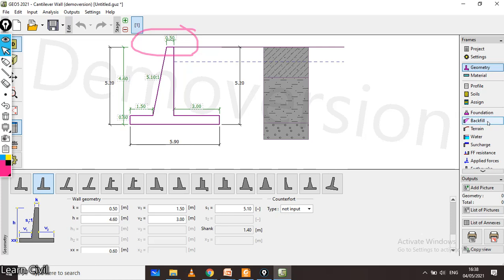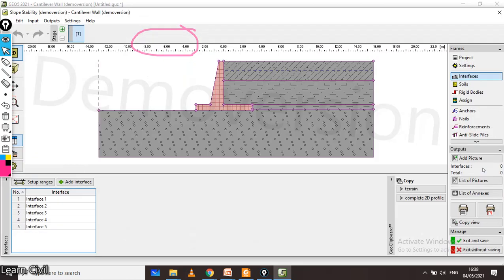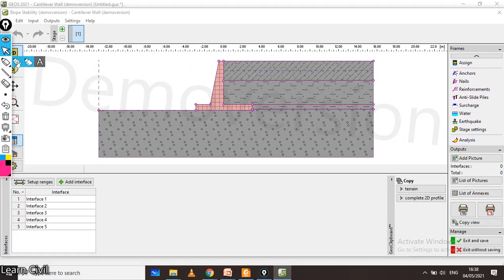Click here. Go again to the stability. Click on this stability. You will see such a window. Under this window again you have to go downward. You will see one more option of analysis here.